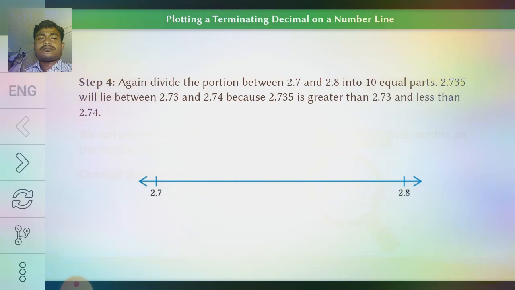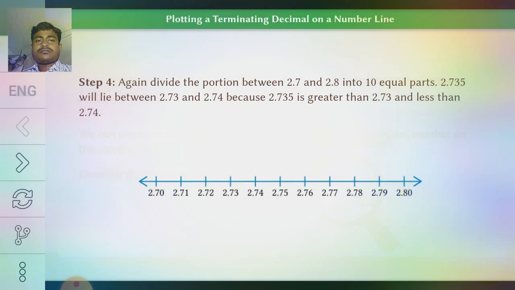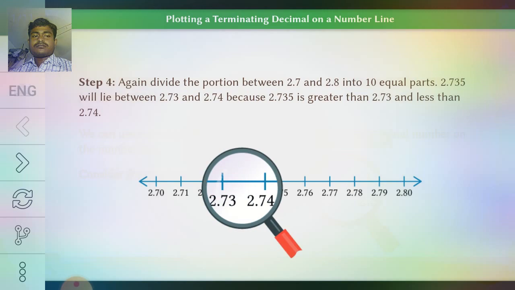Step 4. Again, divide the portion between 2.7 and 2.8 into 10 equal parts. 2.735 will lie between 2.73 and 2.74 because 2.735 is greater than 2.73 and less than 2.74.